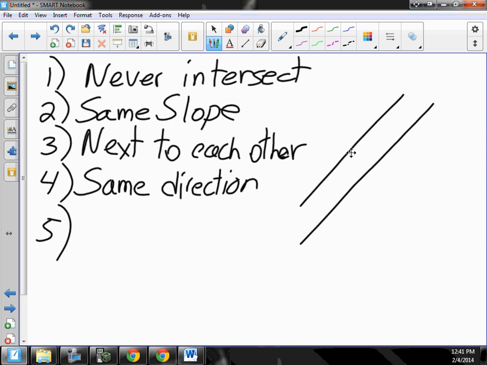Somebody came up with something today I never thought of, so I'm leaving this up to you guys. Well, no, and you missed the part where I said you're not allowed to use parallel or slope or any of the math terms. So if you were new to geometry, how would you describe those two lines? Not the lines themselves, but the relationship between the two lines.